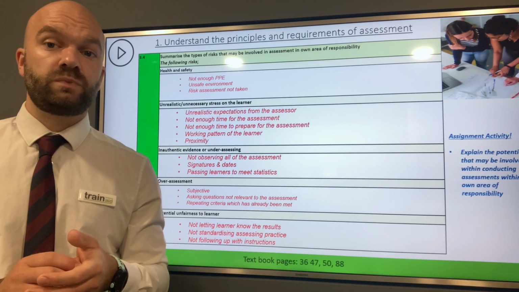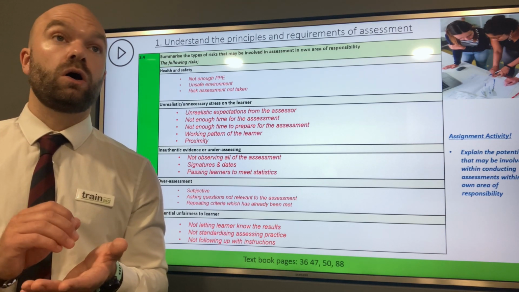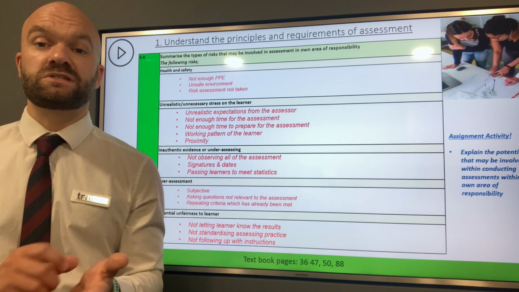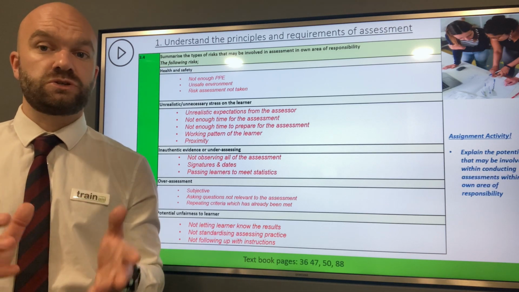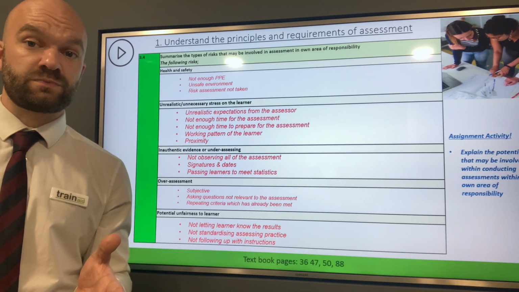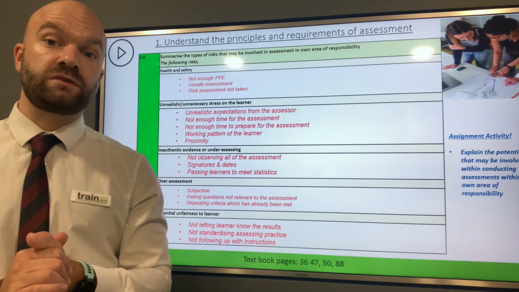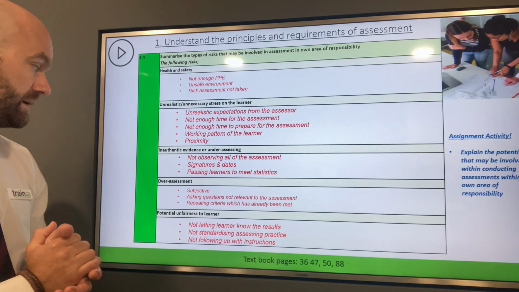Other factors could be not filling out a report properly, perhaps rushing, or even not signing forms, and also getting the learner to sign and date forms as well. So we have to ensure a secure paper trail of assessments. Otherwise that can be found out in the IV process as well. So very important we do that.